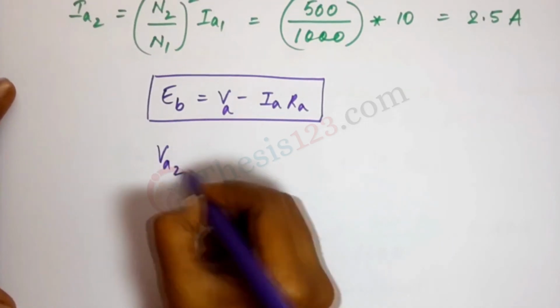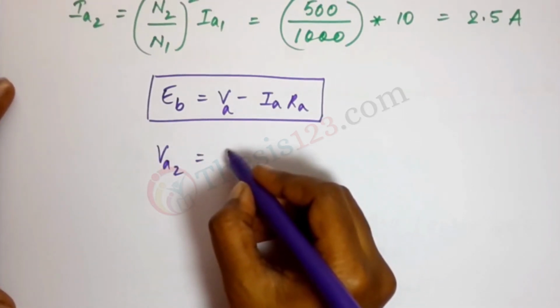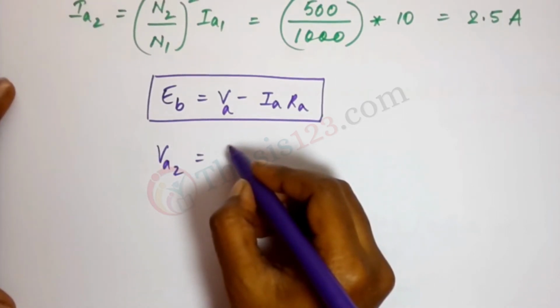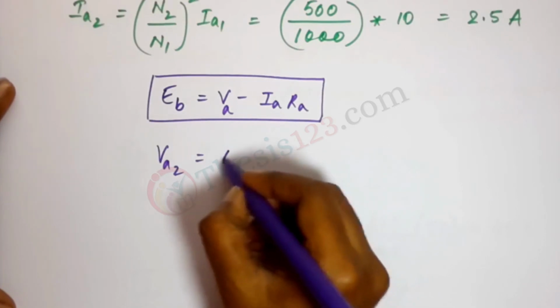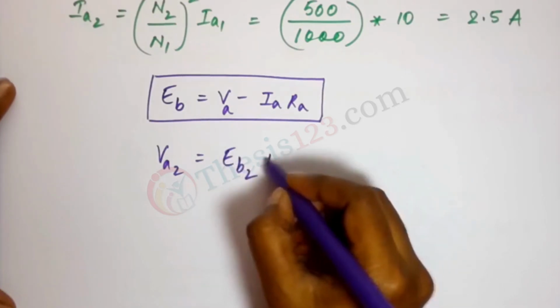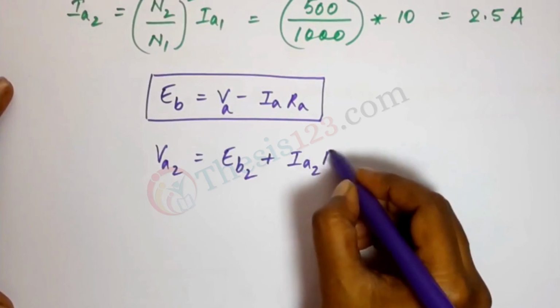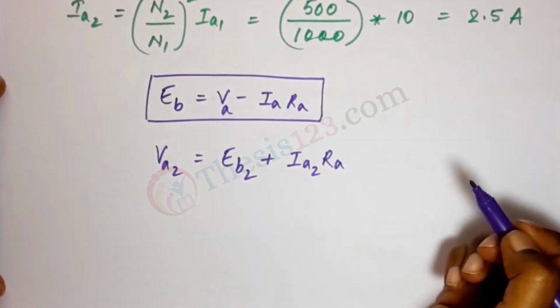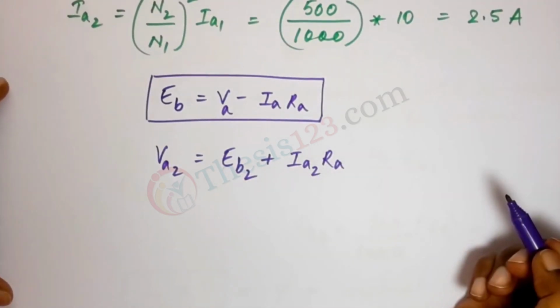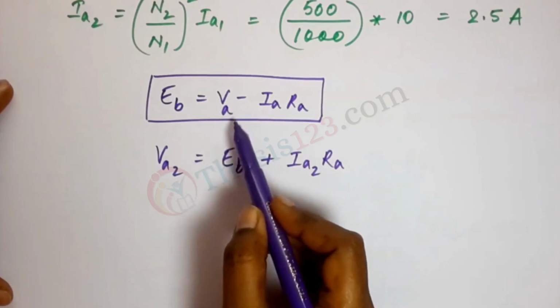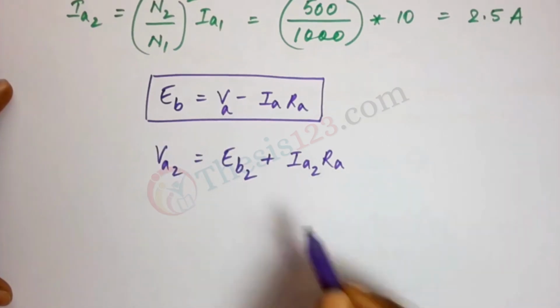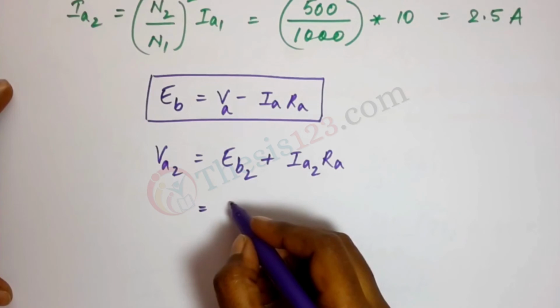So VA2 can now be written as EB2 plus IA2 RA. I hope that makes sense. All we have done is isolated VA2. So let's substitute the values.